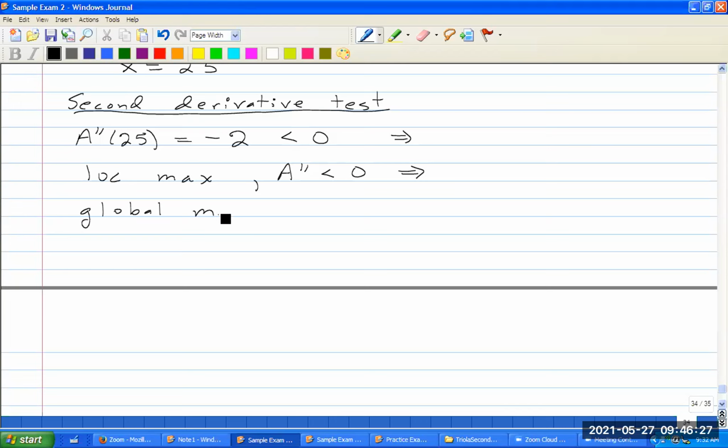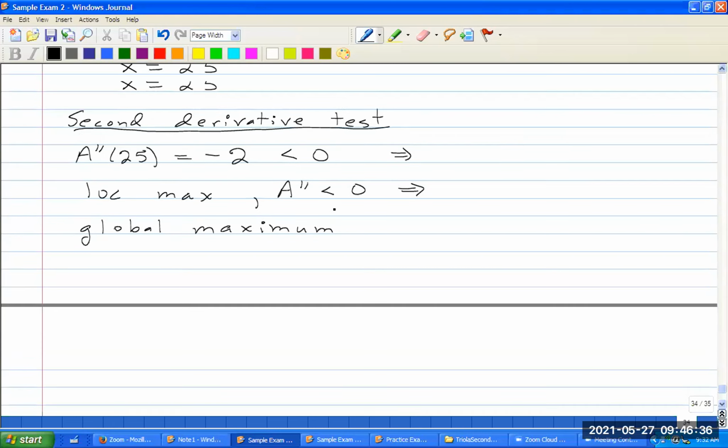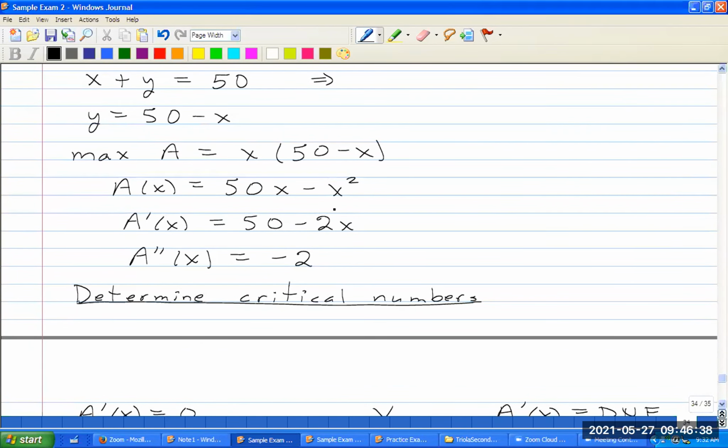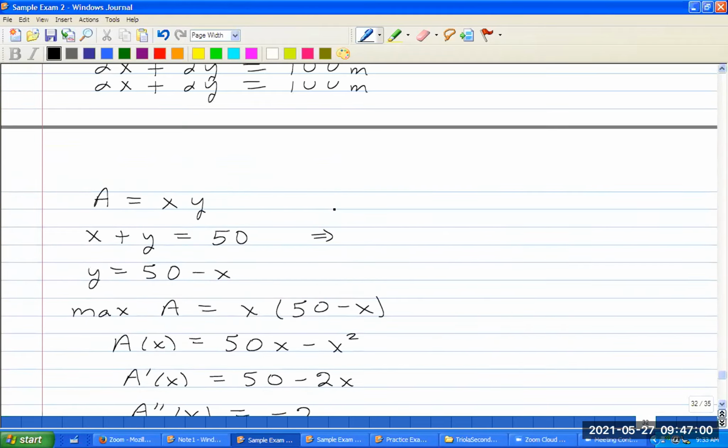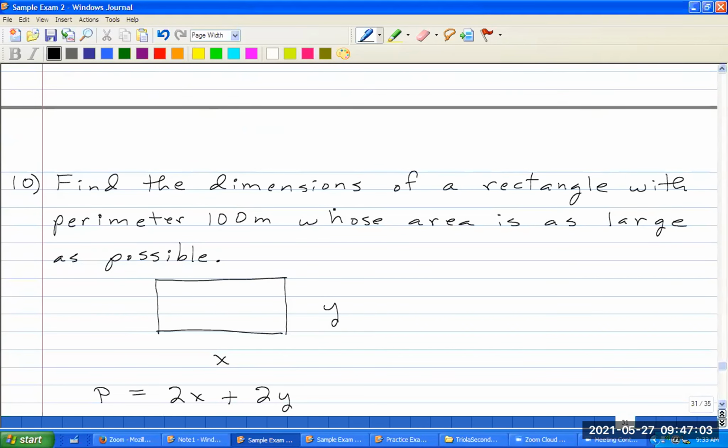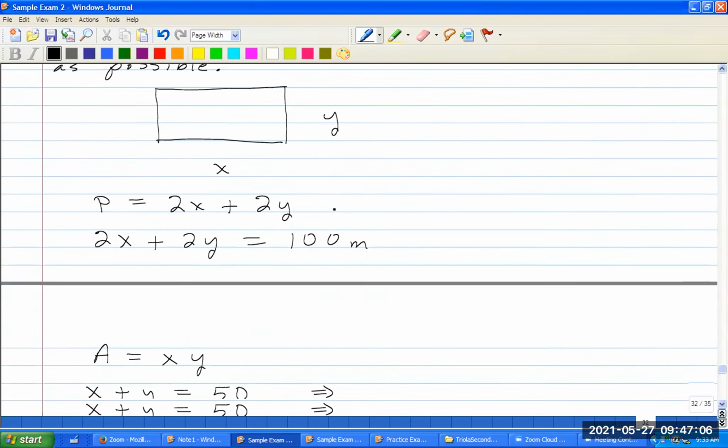Just like what we saw yesterday when we did, I think it was problem 7 on this exam, where we used Rolle's theorem to show that you can only have really one extremum if it's always concave down. If the concavity is always negative, always down. Okay, so I want to find the dimensions.